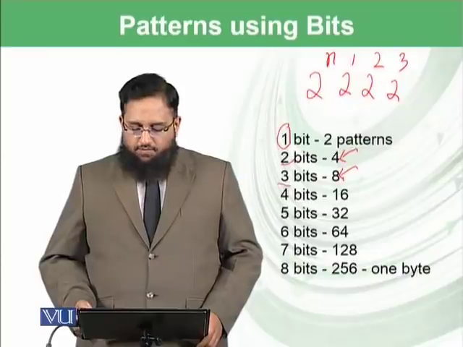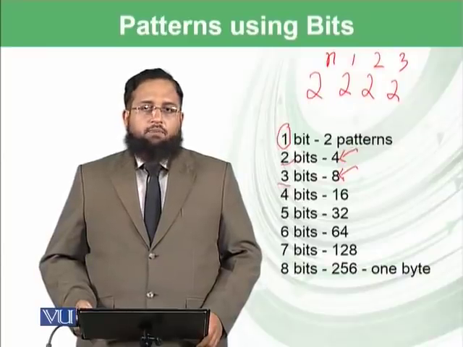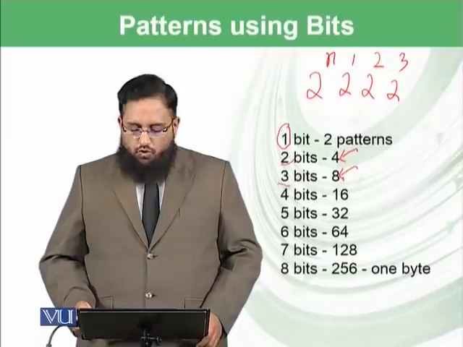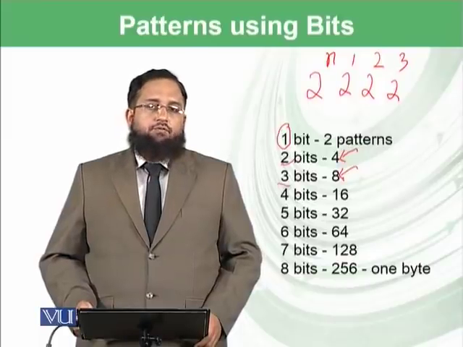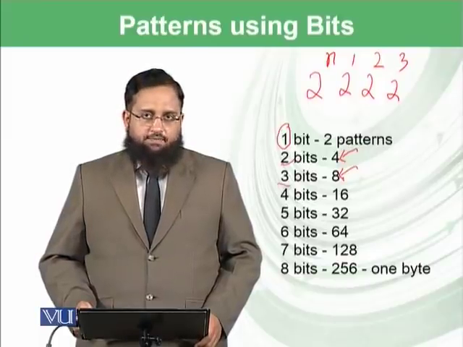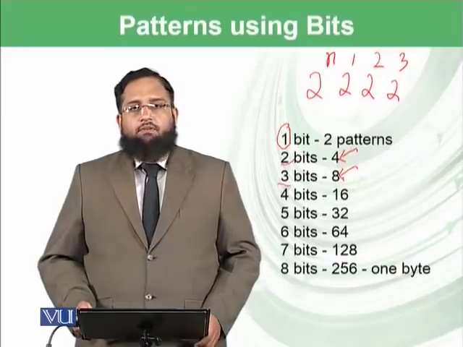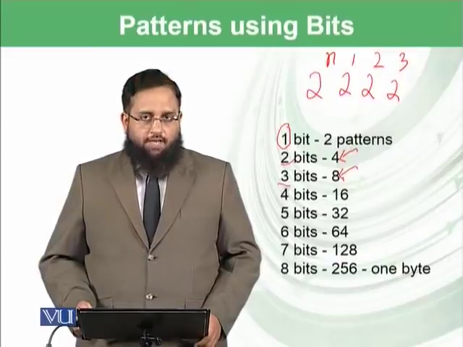So this means with 8 bits or 1 byte, we can store 256 different kind of patterns, and each pattern can represent one particular thing.